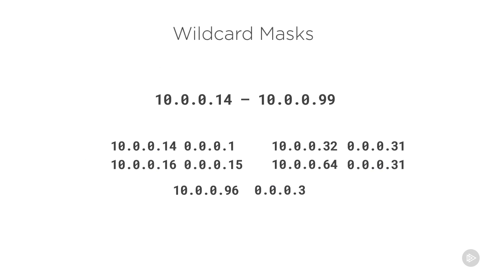So in order to get from 10.0.0.14 through 10.0.0.99, I need 5 different wildcard mask statements to accommodate that. Any other wildcard mask combination would either put me at a starting address below 14 or end me at an ending address above 99. So we need these 5 statements in order to accommodate that range of addresses.